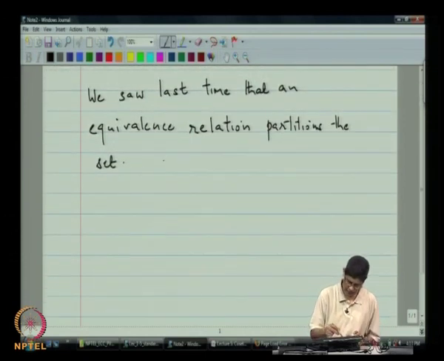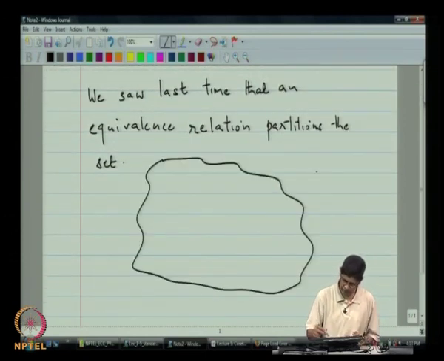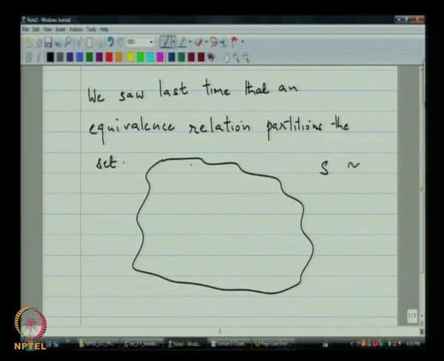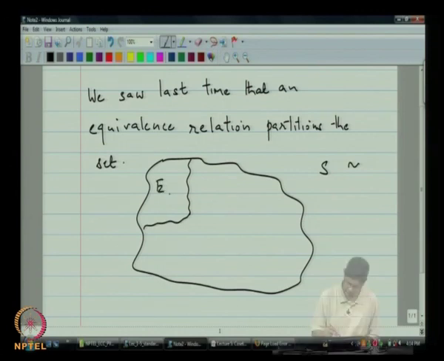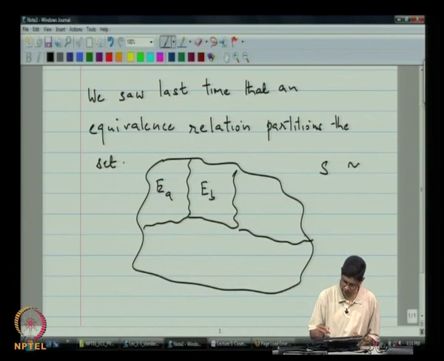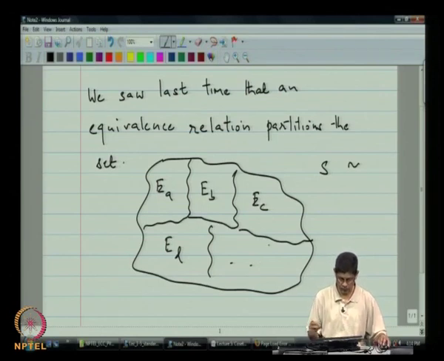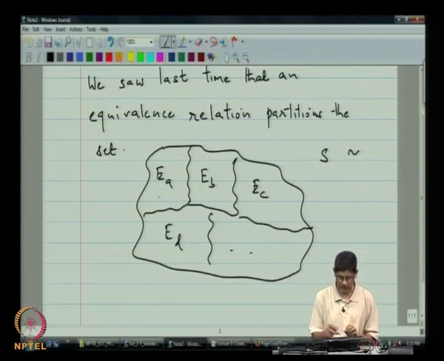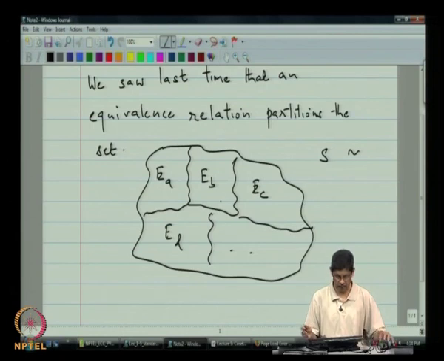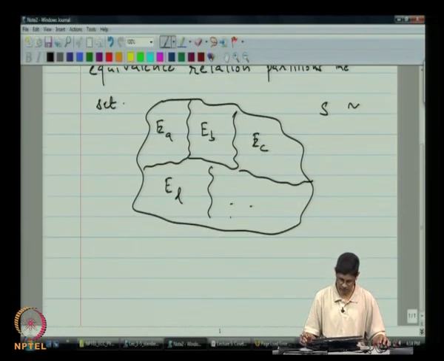That is, if you have a set S, it partitions it into subsets which are of the form E_A, E_B, E_C, E_D and so on. So, that was what we meant when we were saying that any two equivalence classes are either the same or they are disjoint. So, if you take the disjoint ones, then they partition the set.